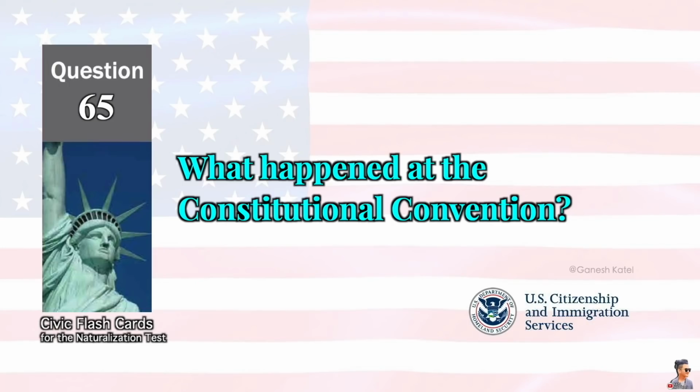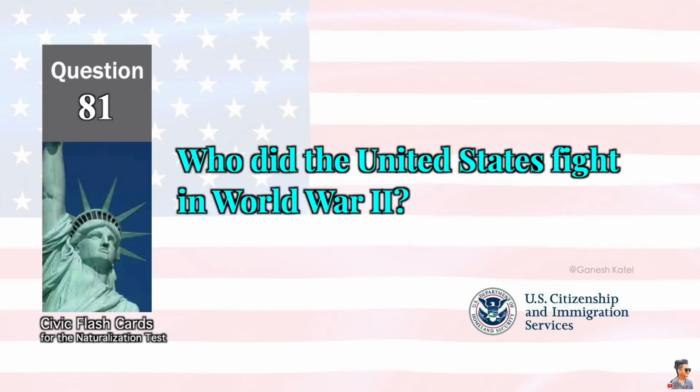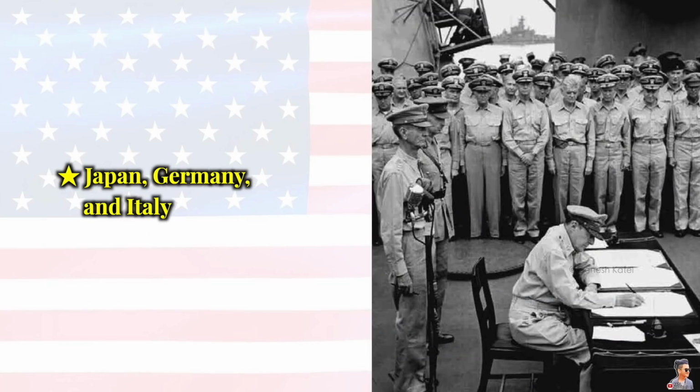What happened at the Constitutional Convention? The Constitution was written. The Founding Fathers wrote the Constitution. Who did the United States fight in World War II? Japan, Germany, and Italy.